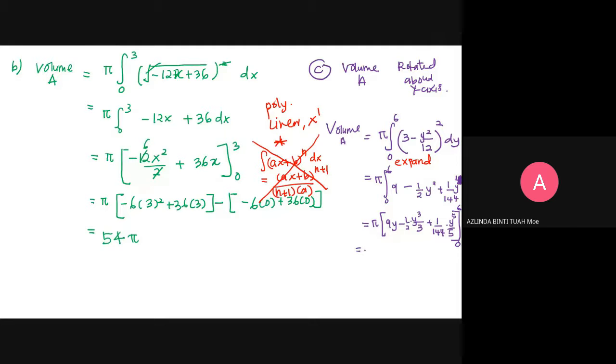Then you have to show how you substitute the limits, starting with 6. 9 times 6 minus 6 cubed over 6, plus 6 to the power of 5 over 144 times 5, minus 9 times 0 minus 0 over 6 plus 0 over 144 times 5.